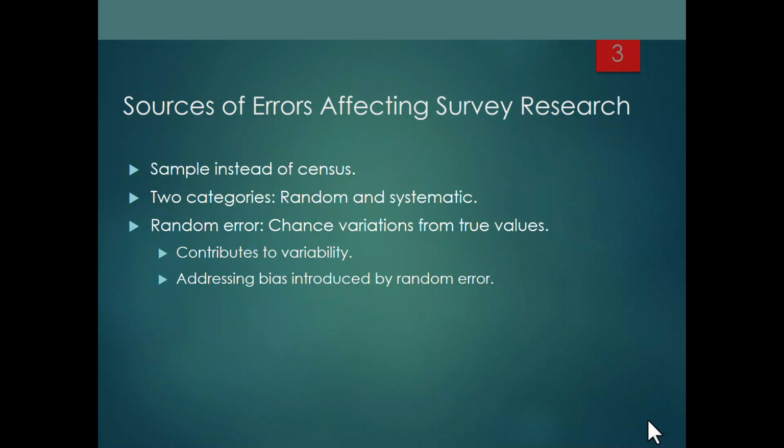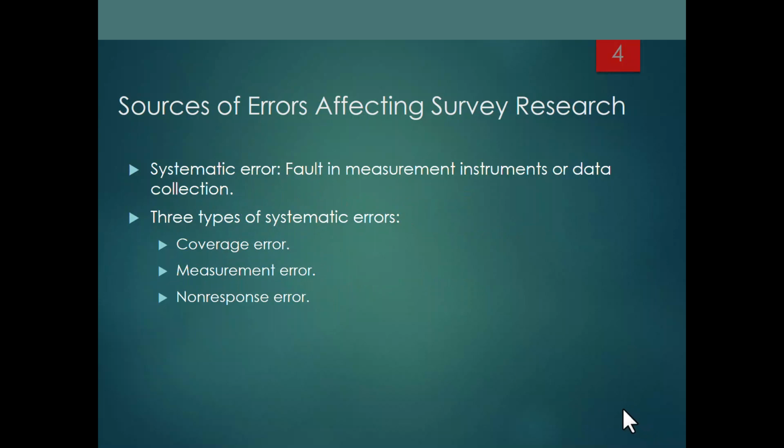Bias introduced by random error is addressed by using the average of those repeating observations as an estimate of the true value. Systematic error, also known as systematic bias, is consistent, repeatable error that is associated with faulty measurement instruments or flawed procedures for data collection.